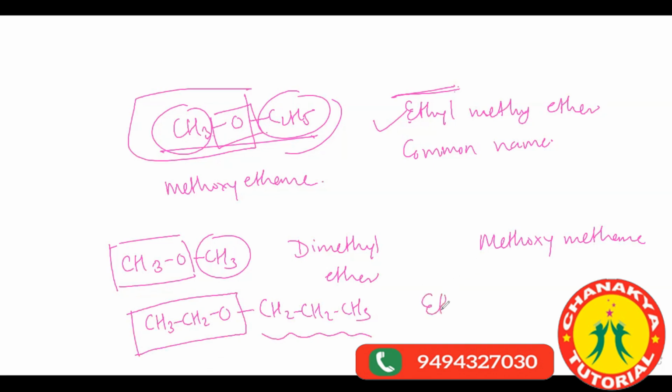The name of this compound would be ethoxypropane. Understand? If you are considering the oxygen, that time you need to check which alkyl group is present near it, whether it is your methyl group or your ethyl group. Clear?